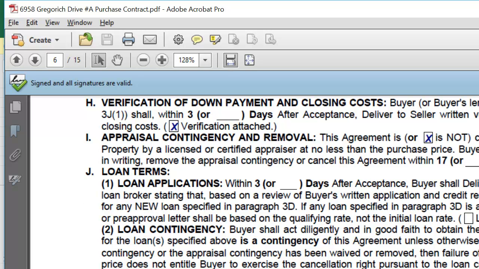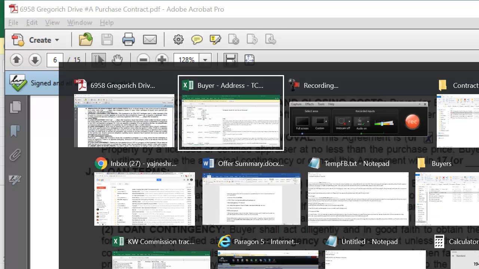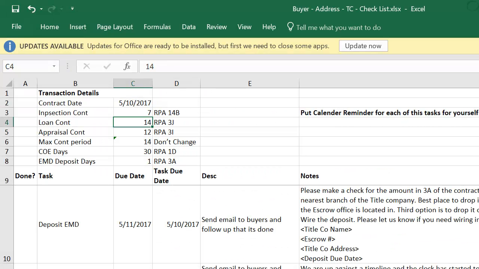If you look at 3J3, within 21 days or how many days, if there is any loan contingency, then we'll put that number of days there, either 21 or the number that is put here. Now, if section 4 is checked, which says no loan contingency, then it automatically becomes 0. Right now we'll keep it at 14.